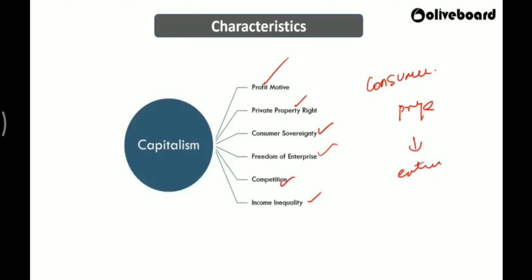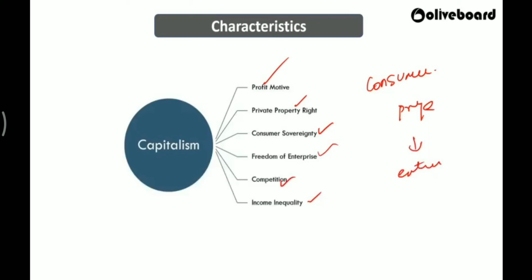Obviously there will be inequality, because everything is owned by private people and their main motive is nothing but profit. On one side, one group will keep on accumulating income and profit. On the other side, the exploited community, the workers class, or the consumer class, will definitely be on the darkest side. So inequality of income is a given of capitalism.